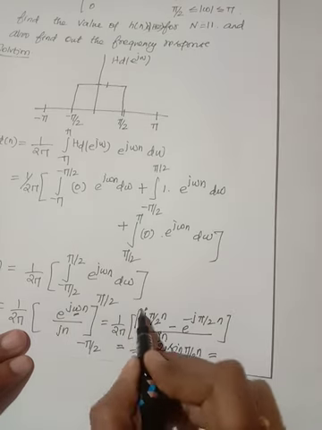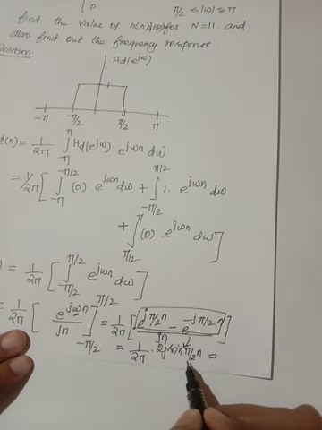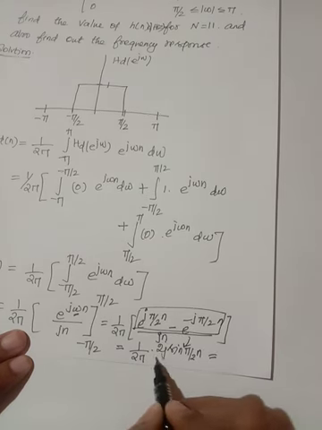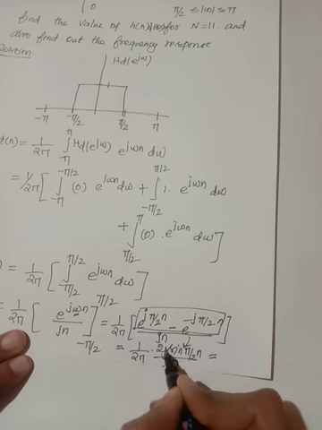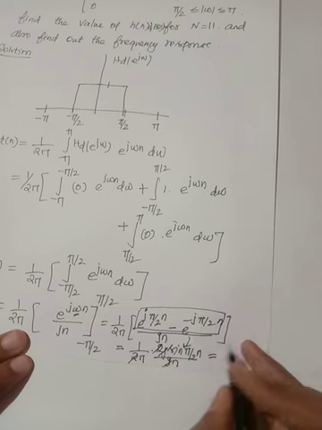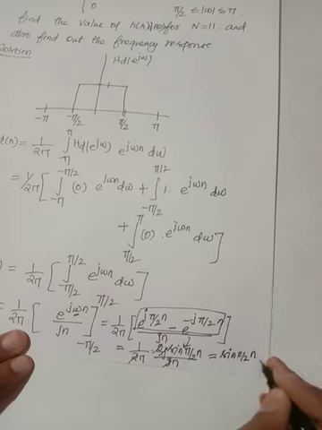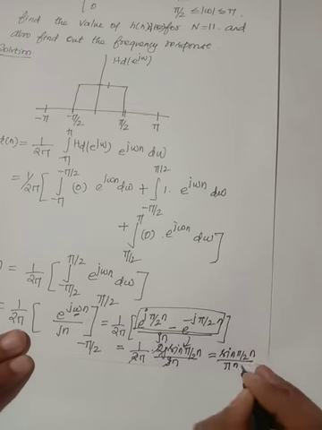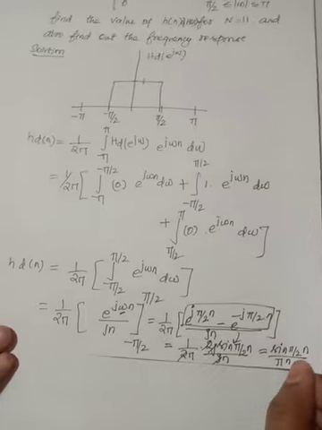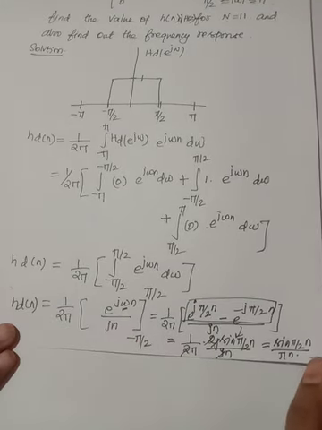The equivalent value for this is 2j sine pi by 2n divided by jn. Cancelling the j and 2, what you will get is sine pi by 2n divided by pi n. So this is your h_d of n. I have obtained h_d of n.